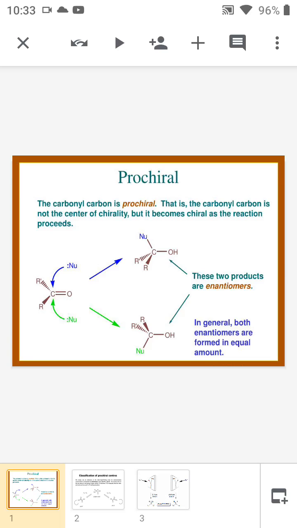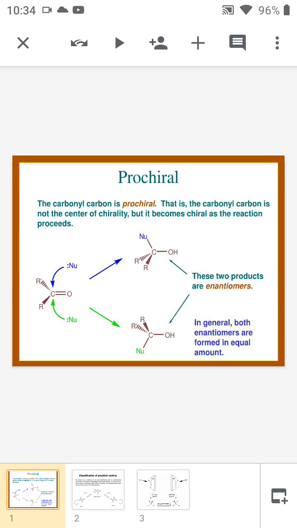Pro means before. That means consider a molecule like the carbonyl group. We know that the carbonyl group is not a chiral center because the carbon is doubly bonded to the oxygen atom. So there are only two different substituents, and the remaining two valencies of the carbon are doubly bonded to the oxygen atom.